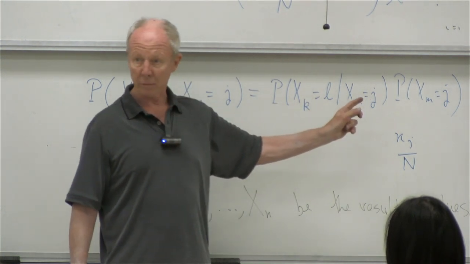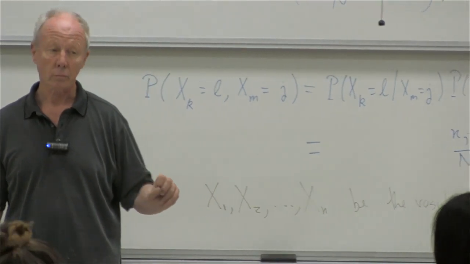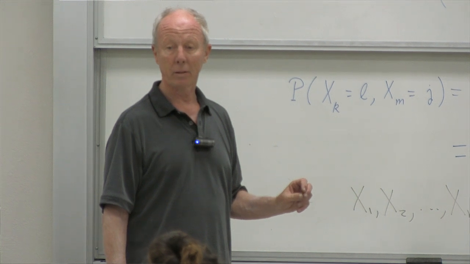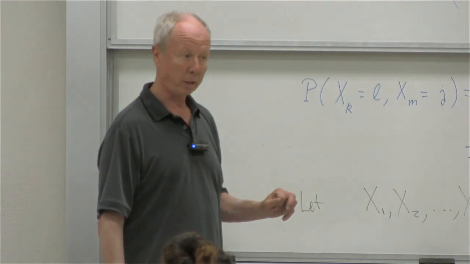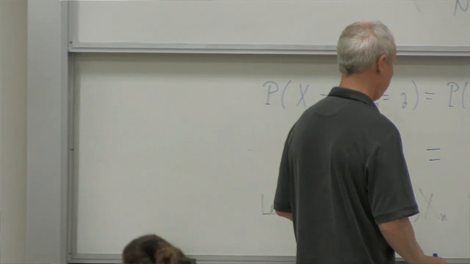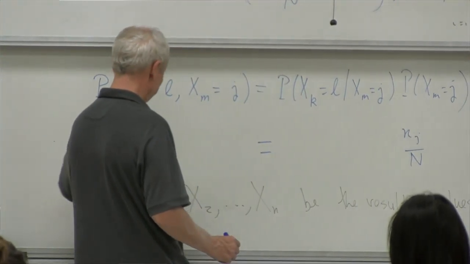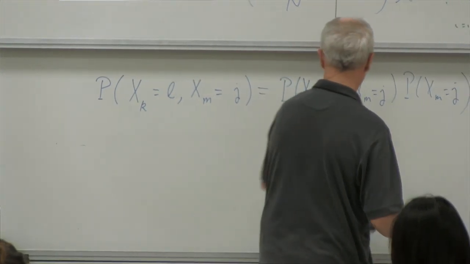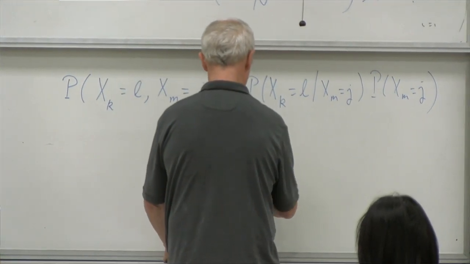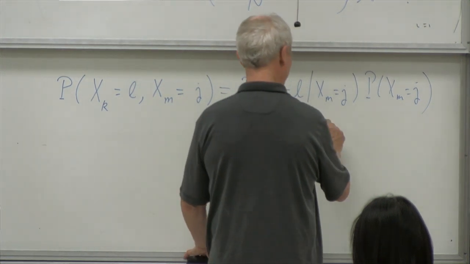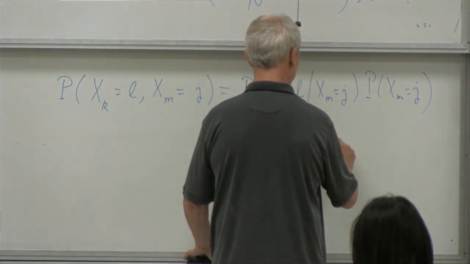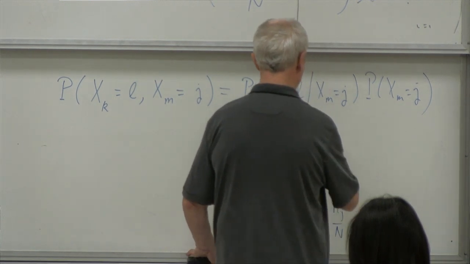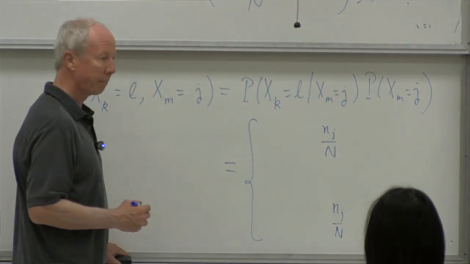Well, when I've picked somebody out, how many individuals are left in the population? N minus 1. So here we go, n sub j over N, n sub j over N. And does it matter whether L and j are the same or different?